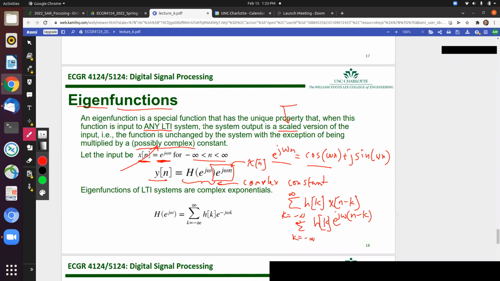Now what can we do to this sum in terms of this e to the j omega n term? The sum is over k, and n is not a variable there, so it's a constant with respect to that.